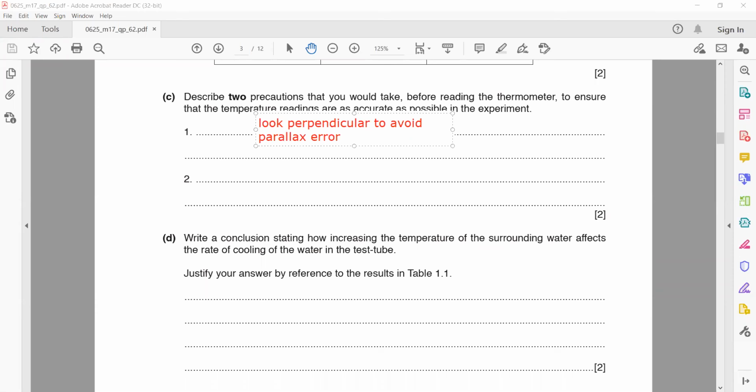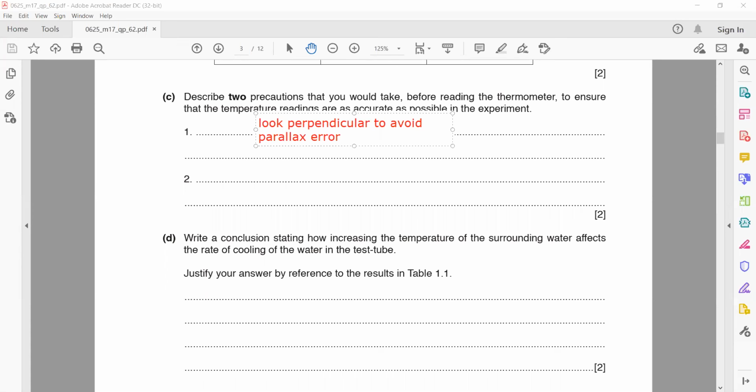So look perpendicular, that is one thing. And when you're recording the temperature of a liquid, the liquid might not have a uniform temperature throughout. So to have a uniform temperature, you can stir before recording the temperature. You should keep the thermometer at the same level. Or you can wait until the temperature stops rising. Once it stops rising, that temperature you will read.